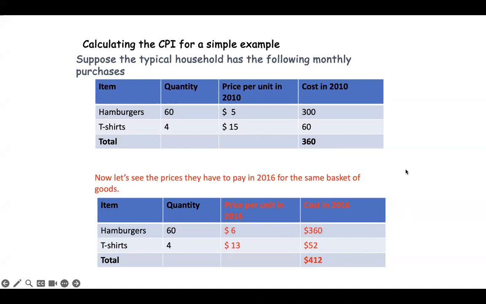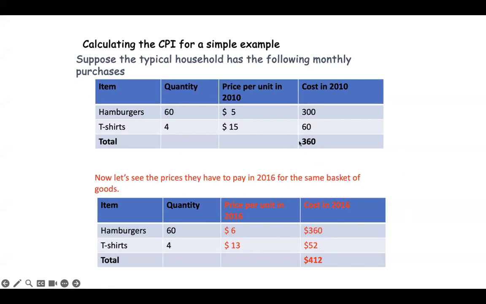But as I said, those numbers are useful, but sometimes we're more interested in a number where we can read immediately what is the percentage increase. And so to do that, normally what we do when constructing the CPI is to write down the CPI in terms of a percentage increase relative to some base year.